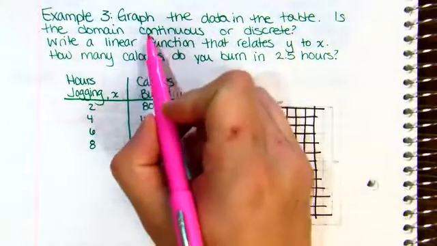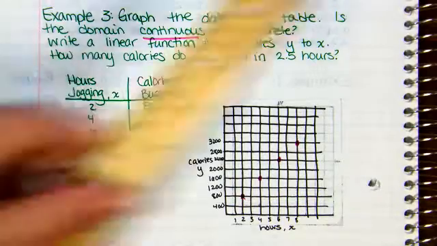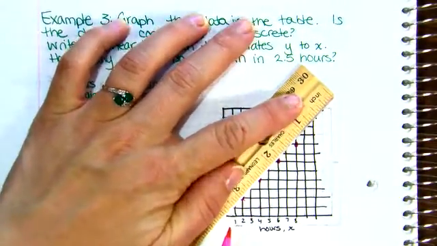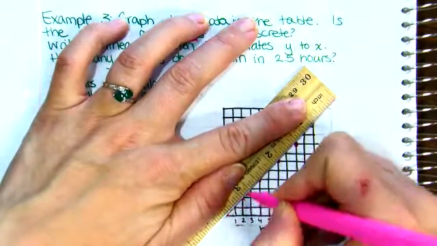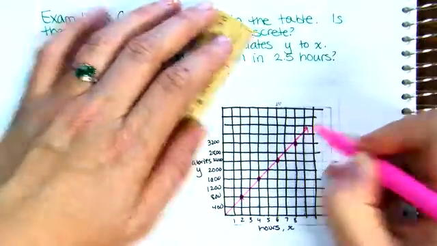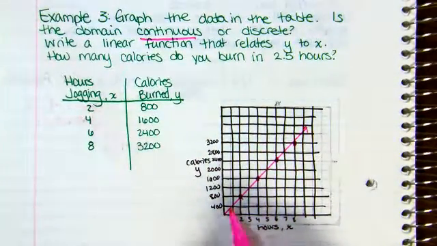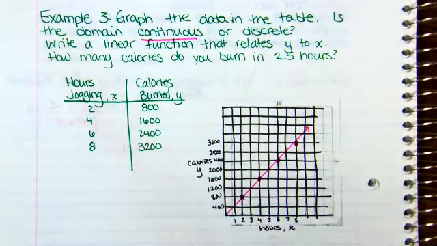So therefore, this is going to be a continuous situation, which means I actually want to connect these points together because it's continuous. And when I do that, you can see if I jog for 1 hour, I'm going to burn 400 calories, which just looking at the chart, is pretty obvious to see.